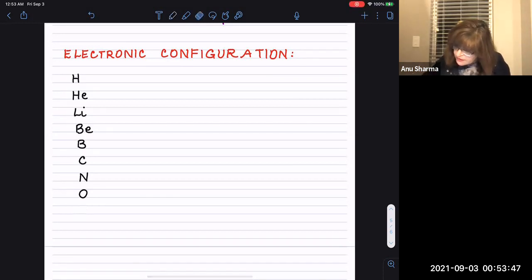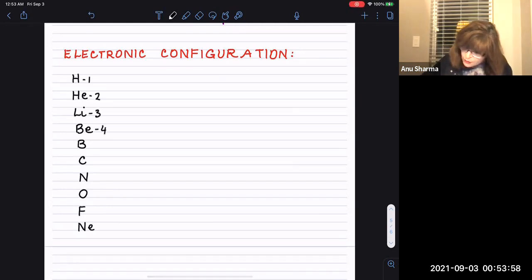Hydrogen has 1 electron, helium has 2, lithium has 3, beryllium has 4, boron has 5, carbon has 6, nitrogen has 7, oxygen has 8, fluorine has 9, and neon has 10 electrons.